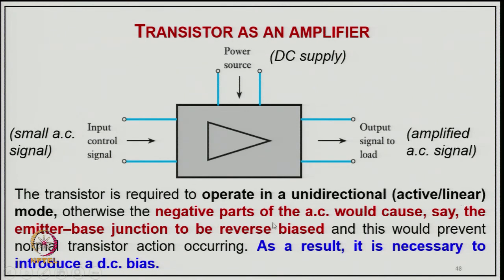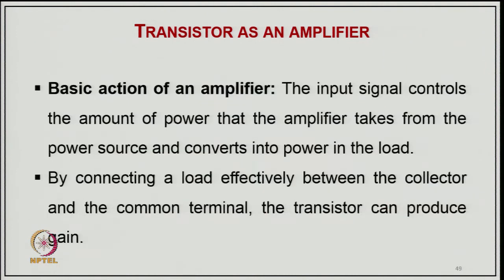Otherwise, the negative part of the AC will cause the emitter base junction to become reverse biased and disturb its operation, and this will prevent the normal transistor action, meaning it will go out of the active region. As a result, it is necessary to introduce the DC bias and bring the entire operation into the DC operating mode, so that it works all the time in amplifier mode only.